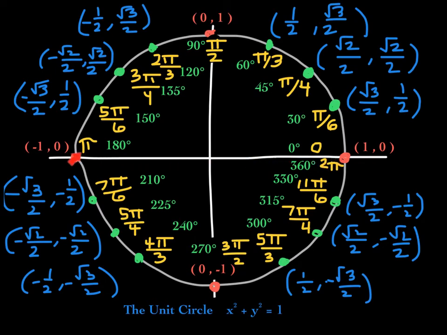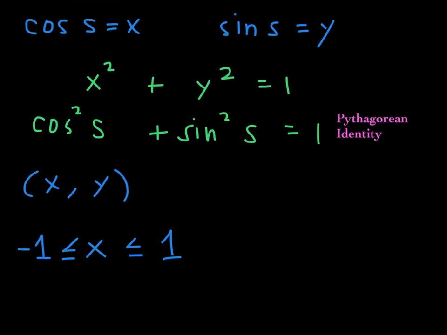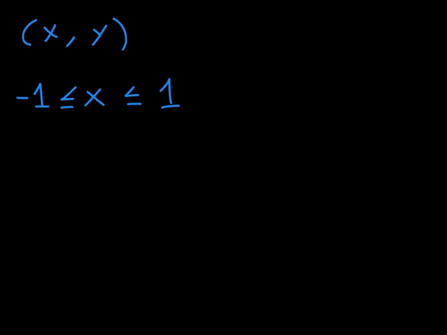These are all of your possibilities for x. X is between -1 and 1. And notice the same thing is true for your y values. Y also must be between -1 and 1. So for this conversation, x must be between -1 and 1, and the same thing is true for y.